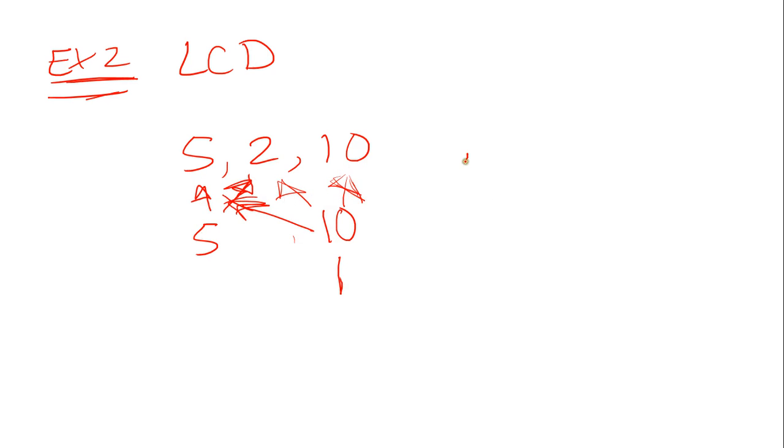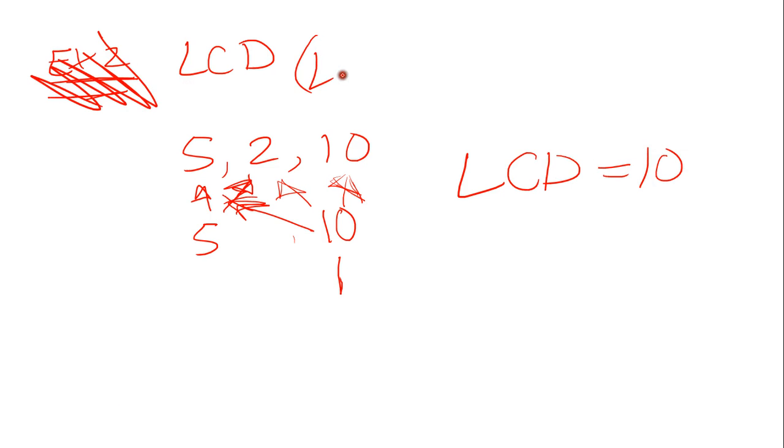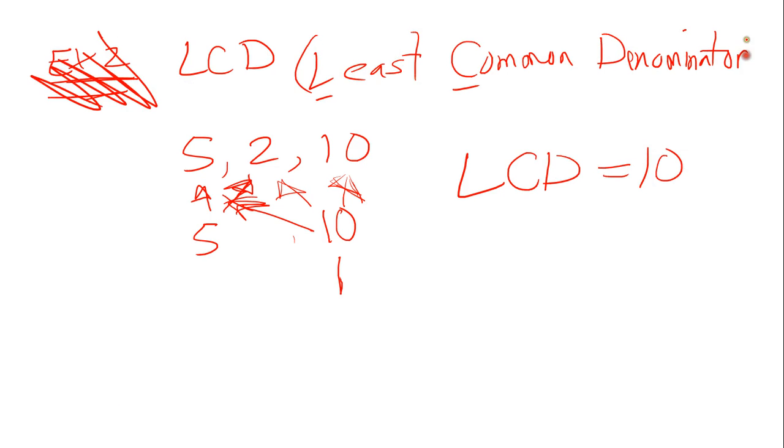So basically, the least common denominator is going to be 10. So that's basically the idea of finding a least common denominator. That's what LCD stands for.